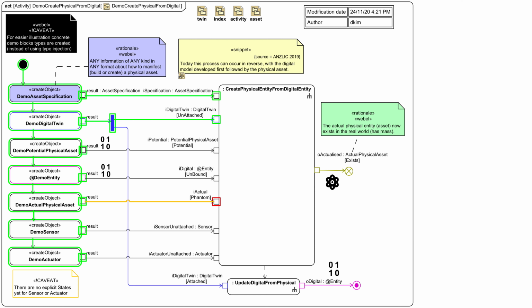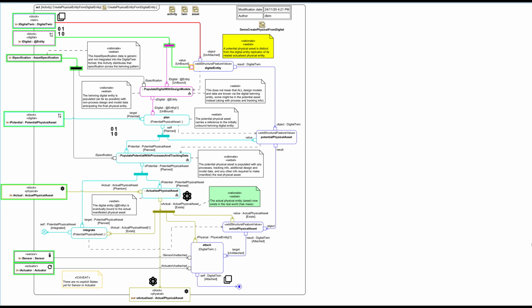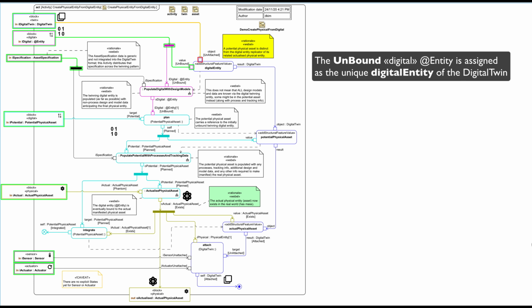These inputs are then fed into the call behaviour action for create physical entity from digital entity. Here we see the inputs coming in on the activity parameter nodes. The unbound digital entity is assigned as the unique digital entity of the digital twin.